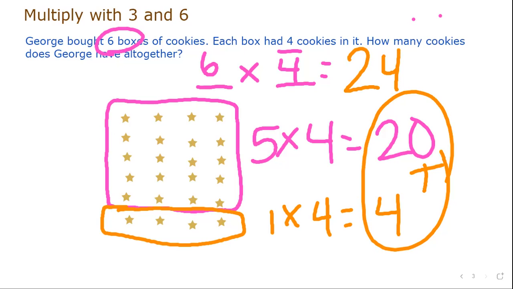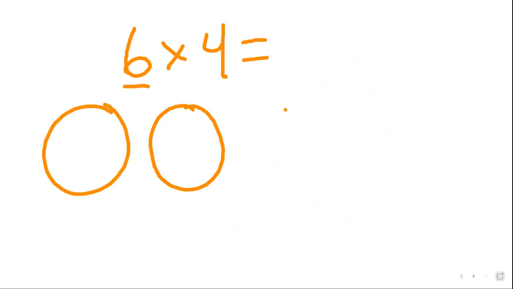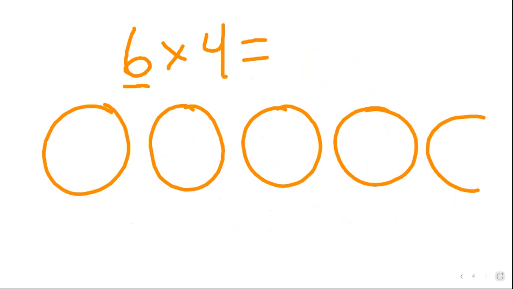Remember, this is just a strategy to use for doing larger numbers. Use whatever strategy that works. If you want to do your circles and stars, you can, okay? And just a reminder of circles and stars. So 6 times 4, I would have 6 groups. And I'd have 4 stars in each one.